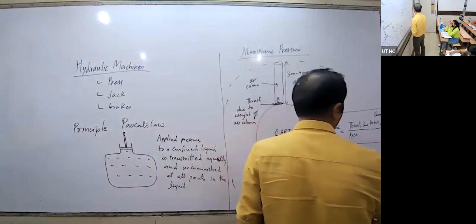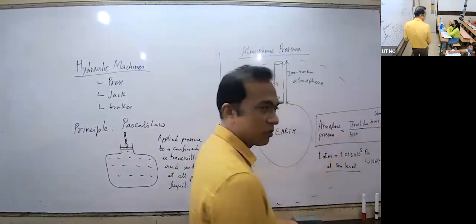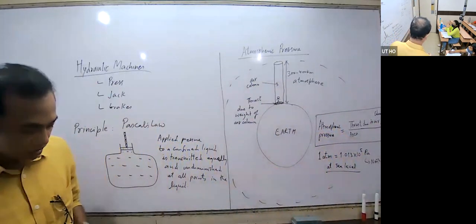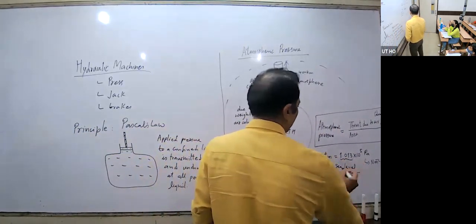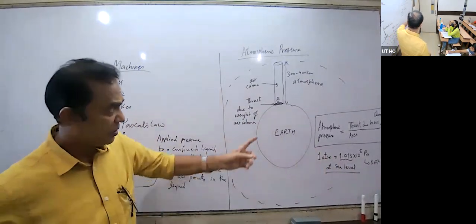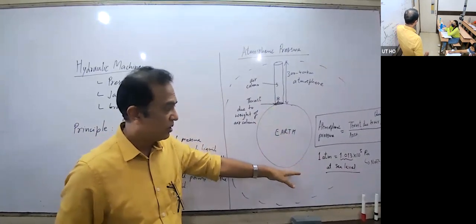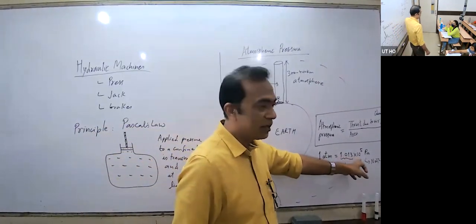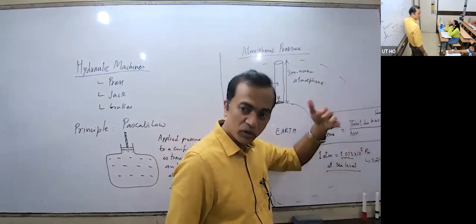Newton per meter square, right? Force upon area. So if this is almost equal to 1 lakh, that means if this person is experiencing an atmospheric pressure of 1 atm, that means he is experiencing 1 lakh Newton of force upon himself.